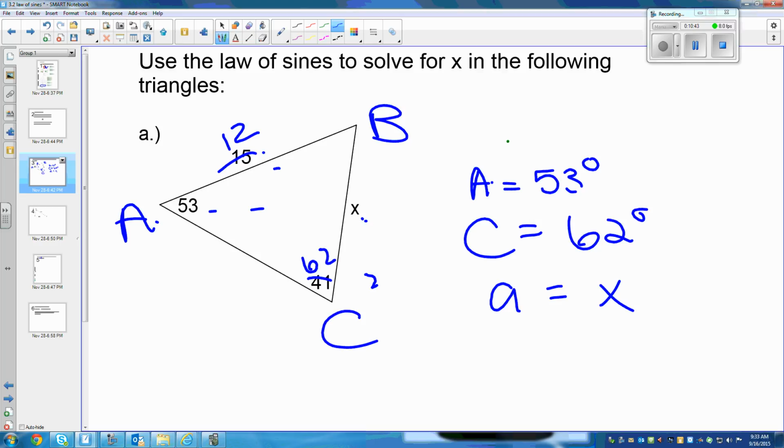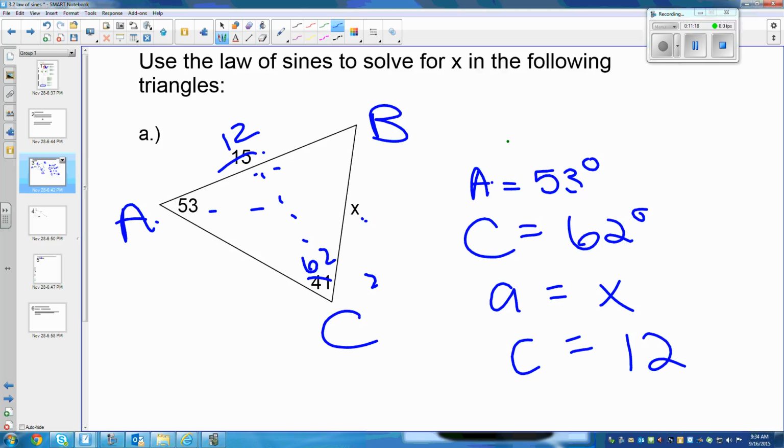And which one's lowercase c? 12, because it's across from that angle, right? All you need for the sine law to work is an angle and a side measure that matches, and another angle and a side measure that you know one, but you don't know the other. So I know one of A's, and I want to know another one of A, and I know both C's, the angles and the sides.